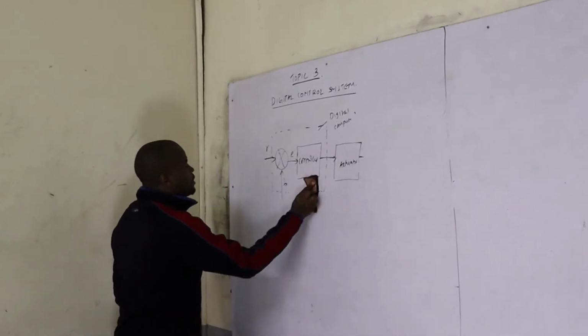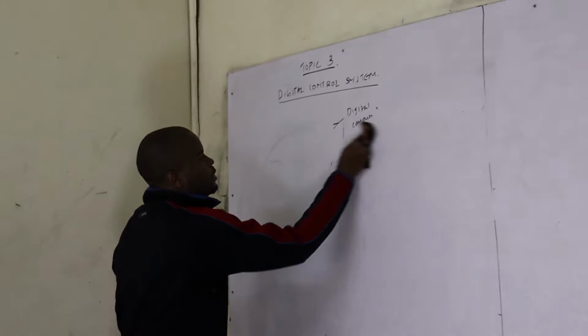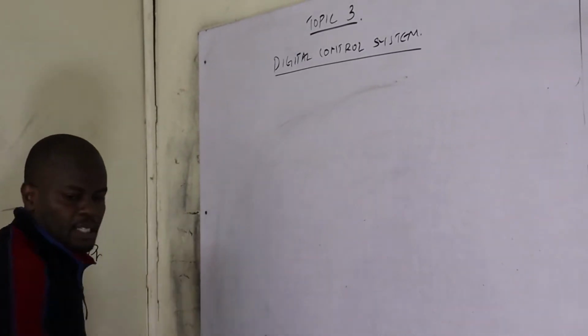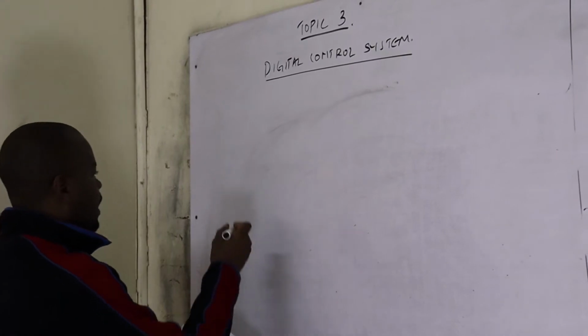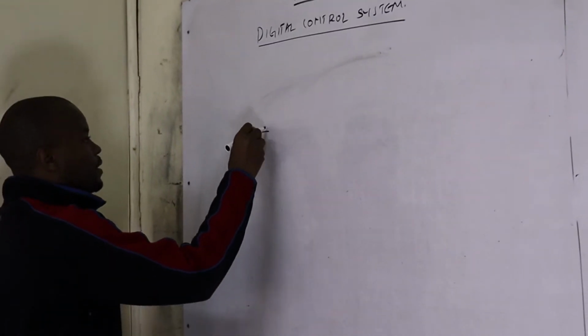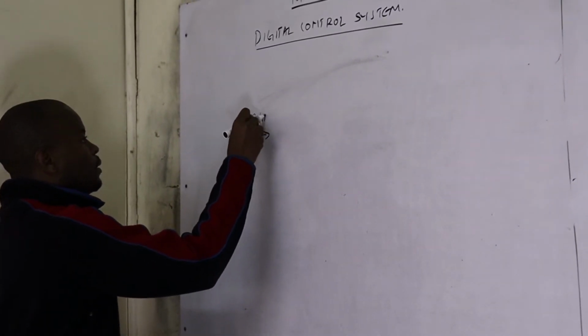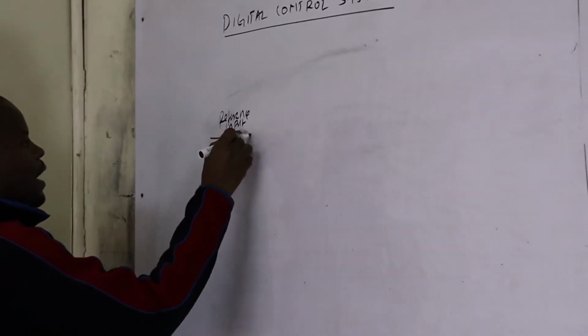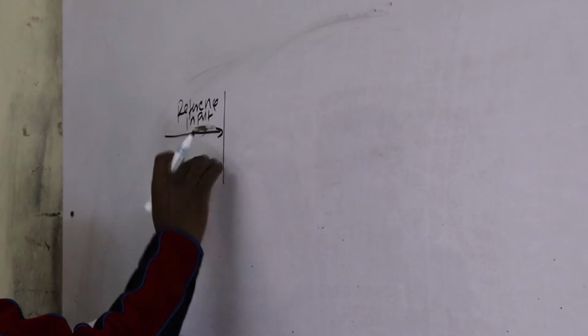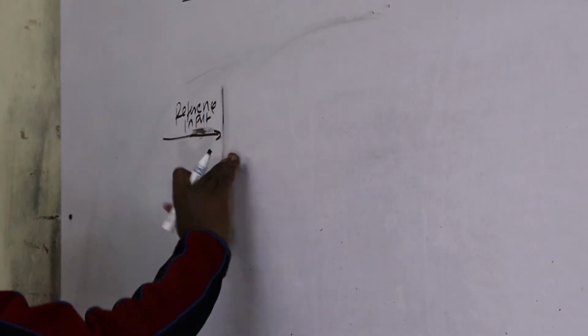So we can now have a block diagram of a digital control system. We can talk of a reference input, then from the reference input we can have a comparator.